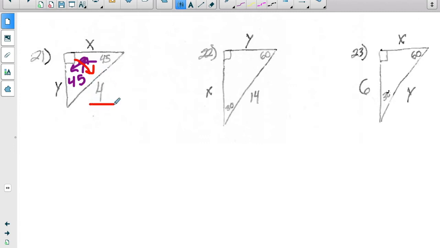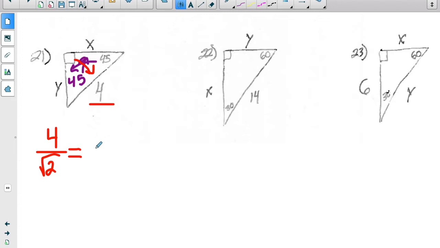And if I'm given the hypotenuse in a 45, 45, 90, to find the other two side lengths, I can take 4 and divide it by the square root of 2. Now, since there's no square root of 2 in the numerator, they won't just cancel out. But we can plug this into a calculator. The TI-30XS will simplify this for you.